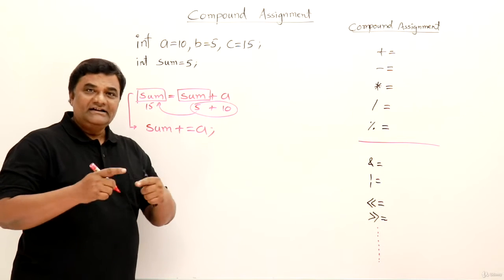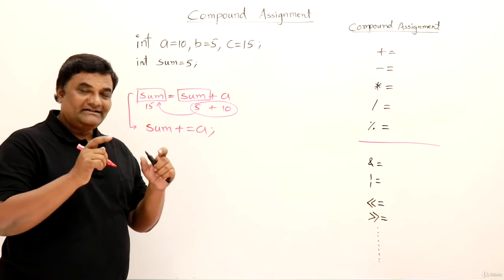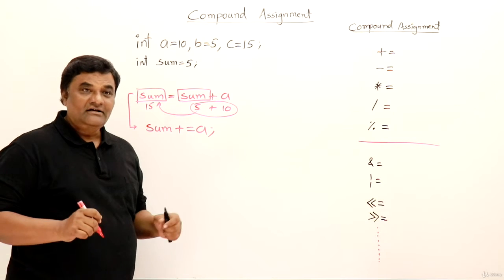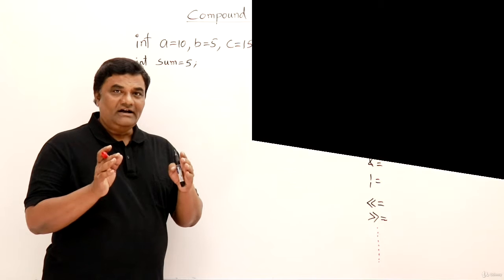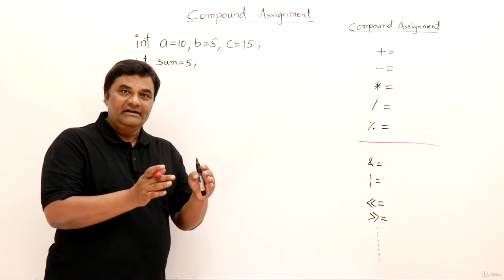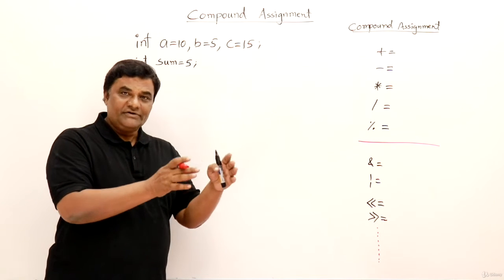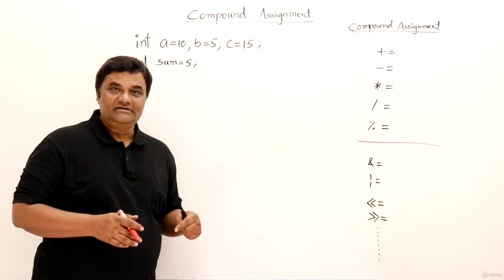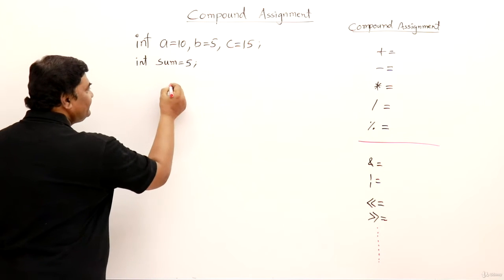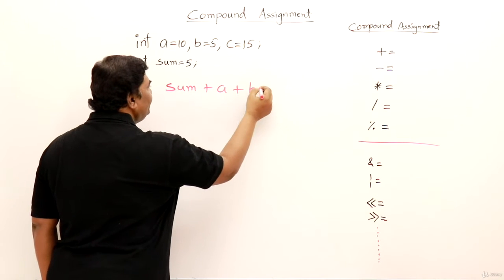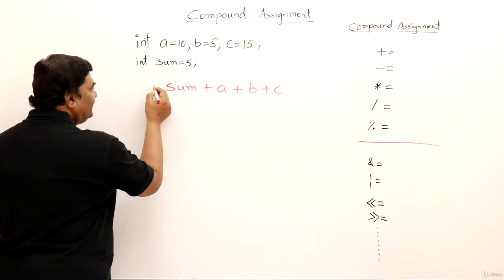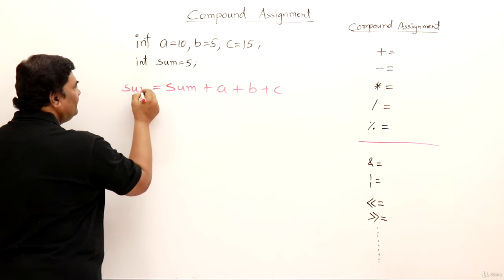Now next thing, I'll show you one more expression. In that, I'll give you a more clear idea where this type of statements are useful. I want to add sum, A, B and C together and store the result in sum again. So I'll write the expression sum plus A plus B plus C and I want to store the result in sum.